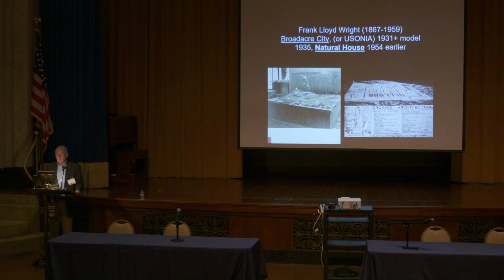And so he creates this model city, Broadacre City, or it is known as Usonia. And then he publishes a book later on. Parts of this are published in different places, but then in 1954, he brings together a lot of this stuff in the book, The Natural House.